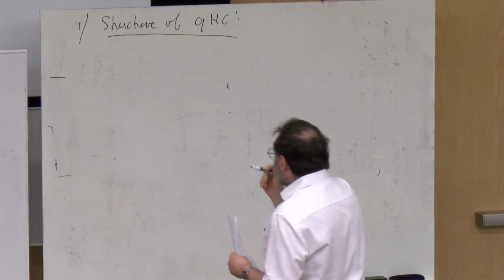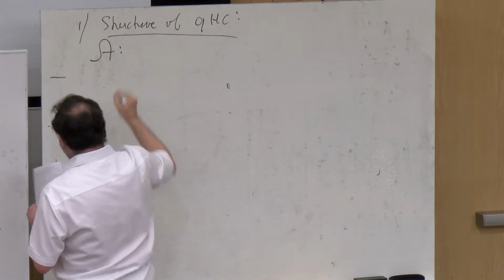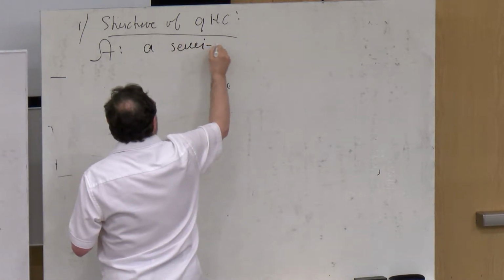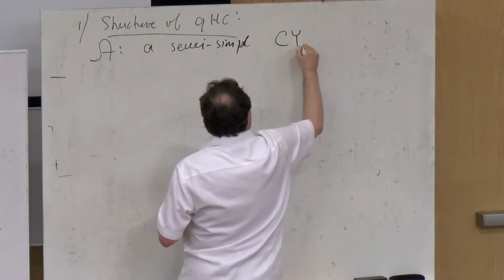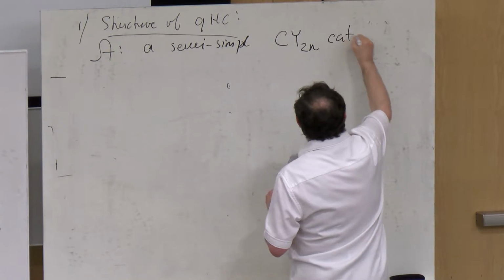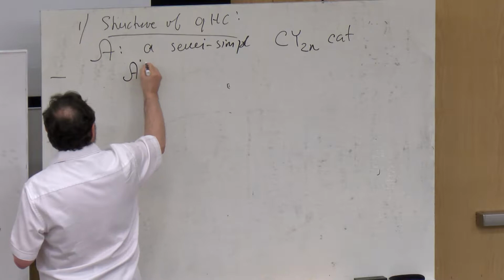First of all, to explain the structure, I can talk about a more general setup. Let's suppose that we have a semi-simple Calabi-Yau 2n category.